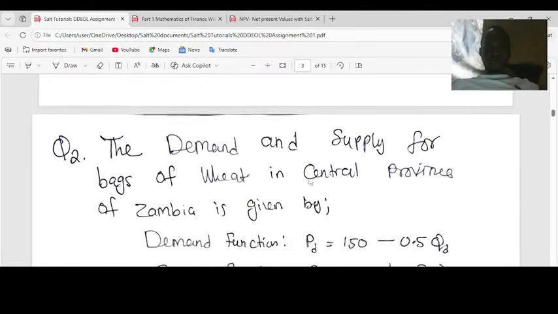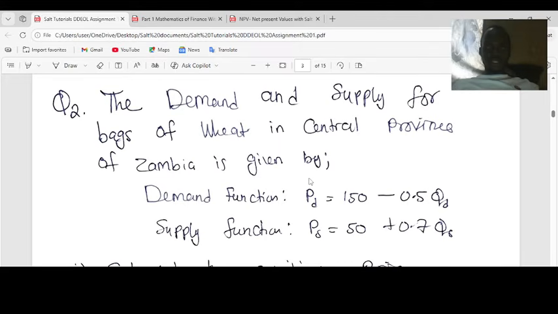And then question 2 was talking about the demand function and the supply function. So what is the demand function and what is the supply function? We said the demand function last time is a function which explains a negative relationship between the quantity demanded and their prices.